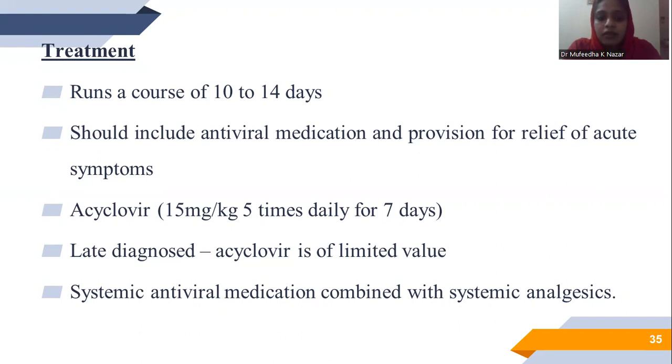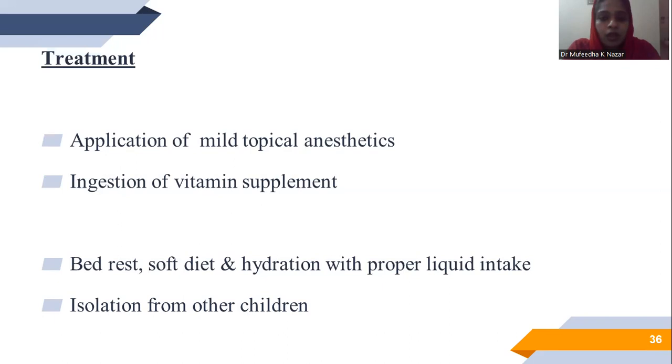These systemic antiviral medications can be combined with systemic analgesics for pain relief. For immunocompetent patients, we can also add antibiotics. Along with these antivirals and antibiotics, mild topical anesthetics can be given for pain relief along with vitamin supplements.